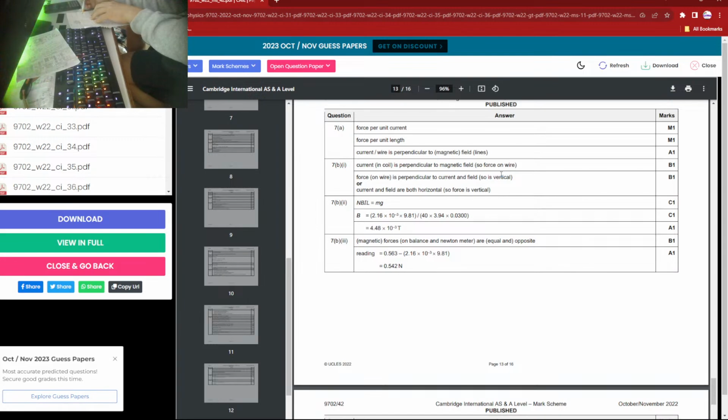So current is perpendicular to magnetic field. Force on wire is perpendicular to current and field, so it's a vertical force. Using the left hand rule, that's why it's a vertical force.